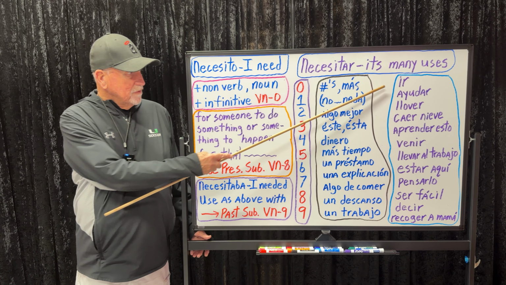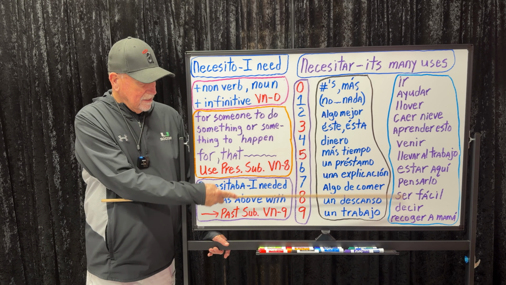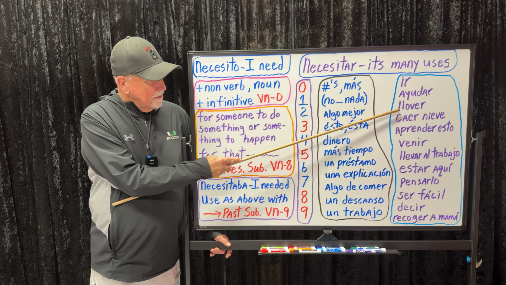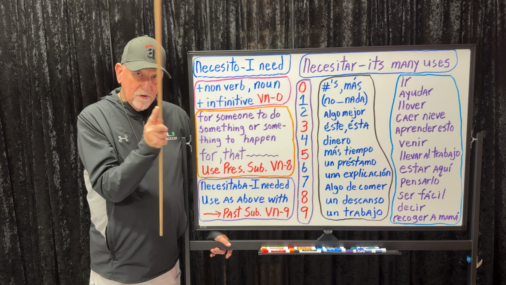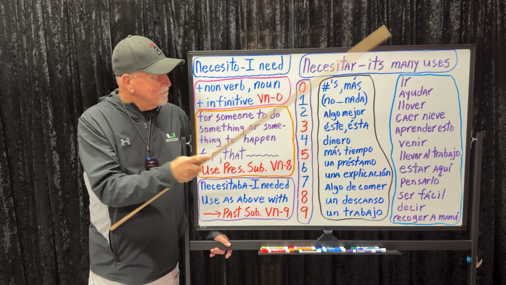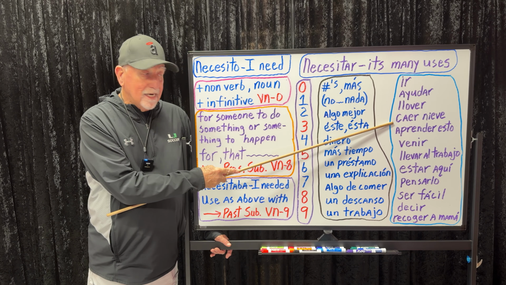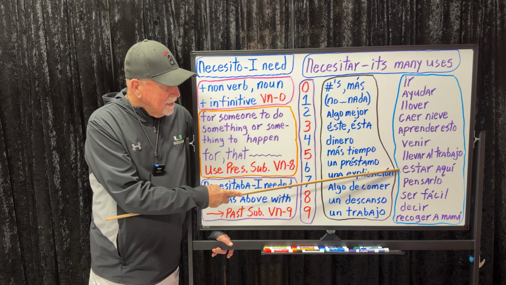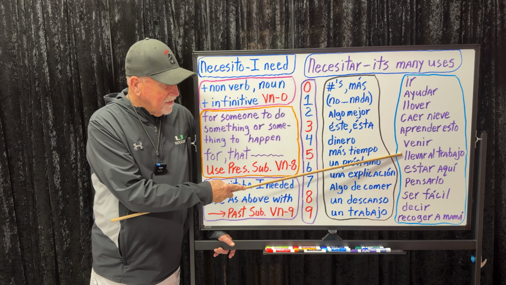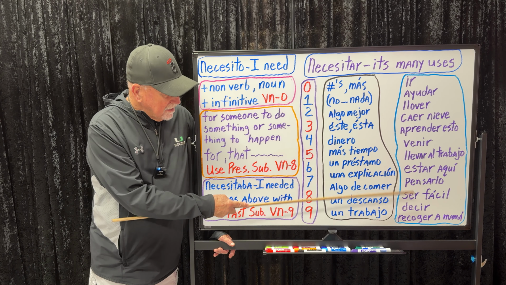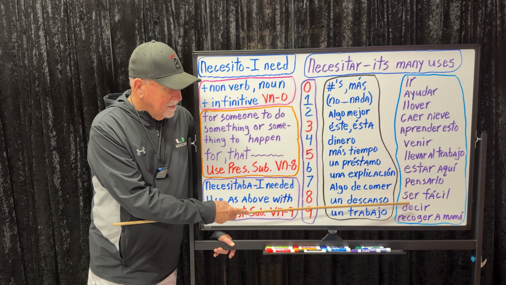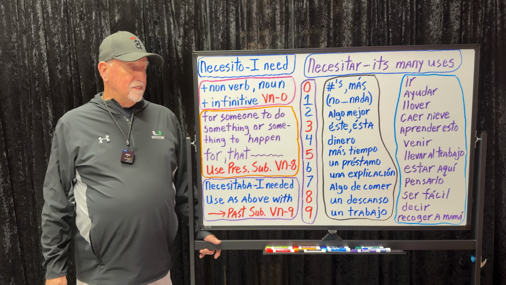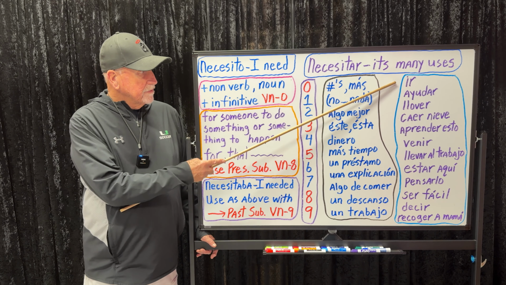So here we go. Let's go with the yo form for all of these then. Let's do the yo form. Vaya, ayude, you wave a flag on the 4th of July. Caiga, aprenda, venga, esté, lleve, piense, sea, diga, and recoja with a J. Let's put these in the past subjunctive yo form.